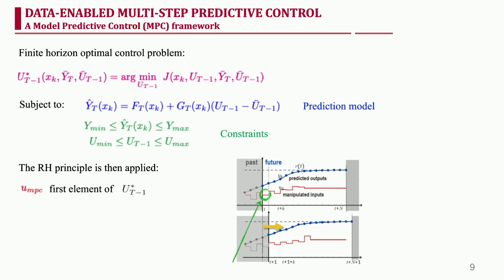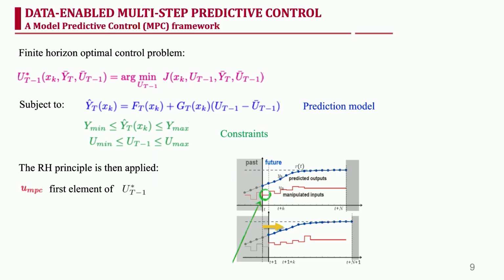And this is subject to a prediction model and certain constraints related to the maximum and minimum glucose concentration that we have in the body, and also a maximum and minimum actuation, because we cannot deliver infinite amount of drug. And here in the bottom right, you see in this cartoon how model predictive control works. So we have our prediction model in blue that is telling us how glucose is going to evolve in the future, depending on how much insulin you take and any other factor.